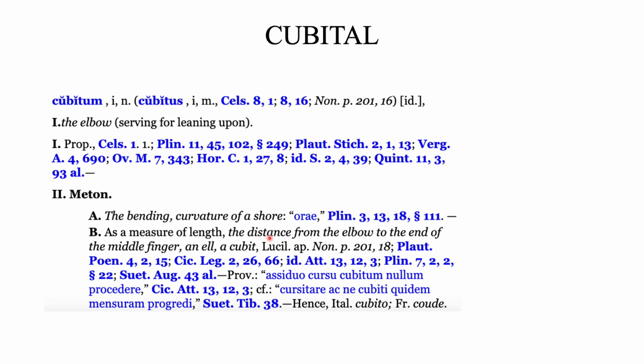And this idea of it being distance, even though it can mean elbow, you can see in these two proverbial uses of cubitum that someone is proceeding with great haste but accomplishing nothing, or this one's running around but actually advancing not even one cubit, which is what I think of as spinning one's wheels.